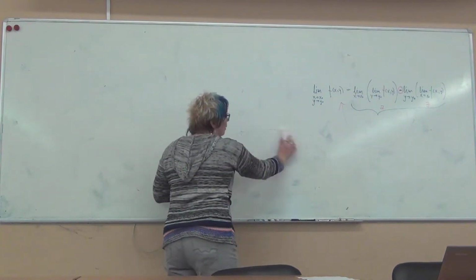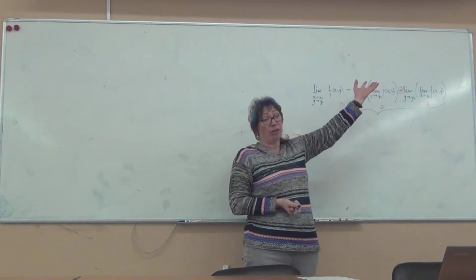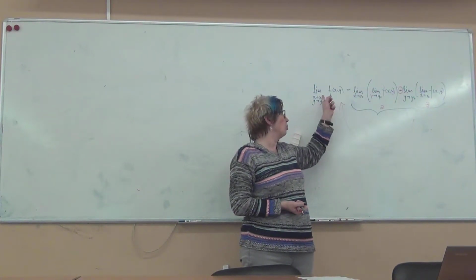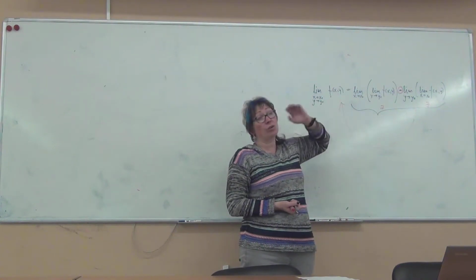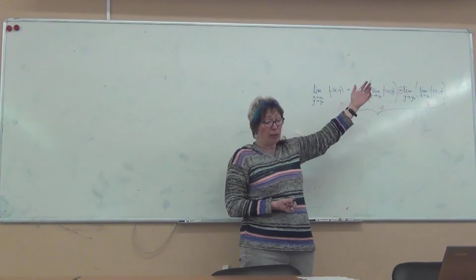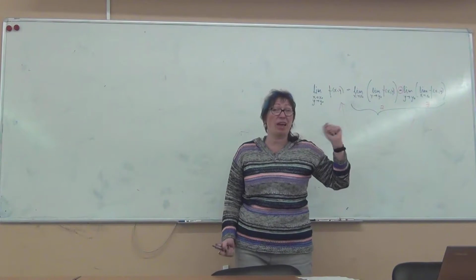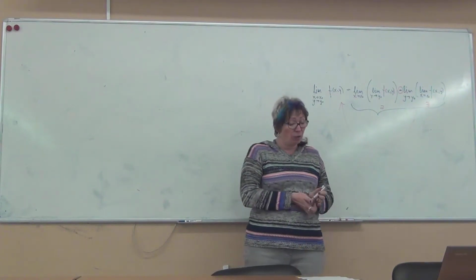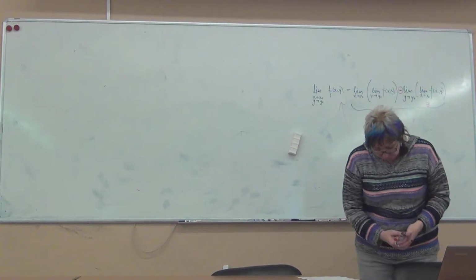Sometimes, of course, we don't need to do this because it's obvious that you can do these two things at the same time. Sometimes it's very obvious that both limits will be the same and the limit exists. But sometimes, especially when we suspect that the limit might not exist, we have to do it this way just to check what's going on there.